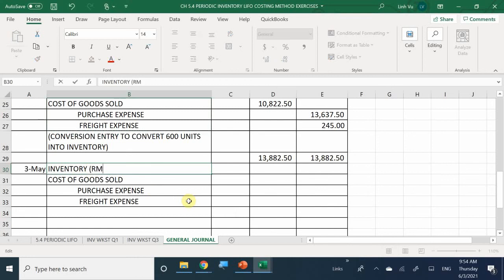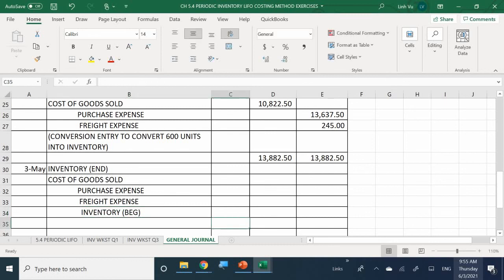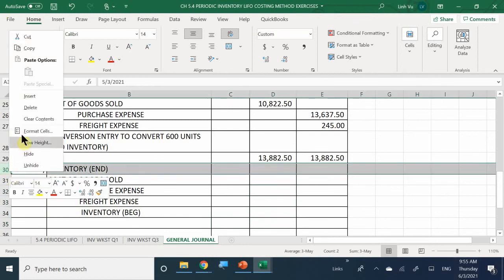I'll give you the reference point here, that this is the ending balance. What else do we need? We need our beginning inventory. I realized that I put it too close.